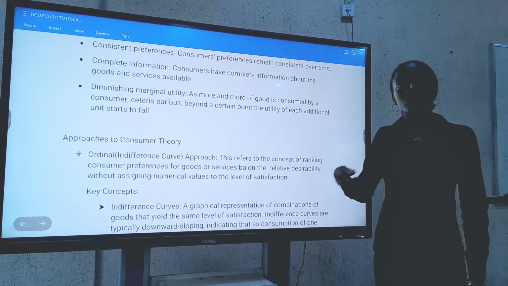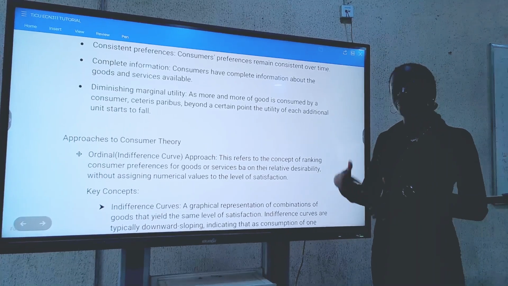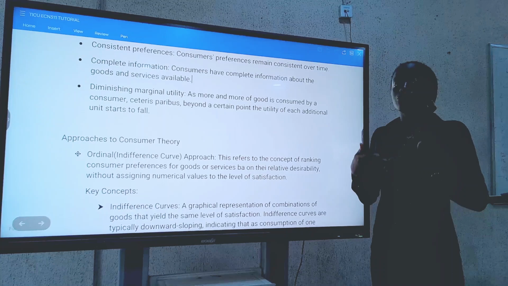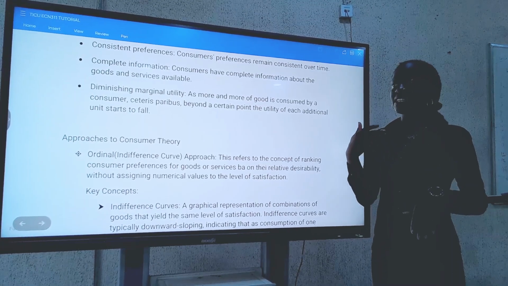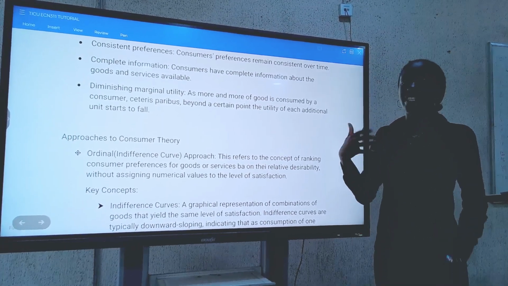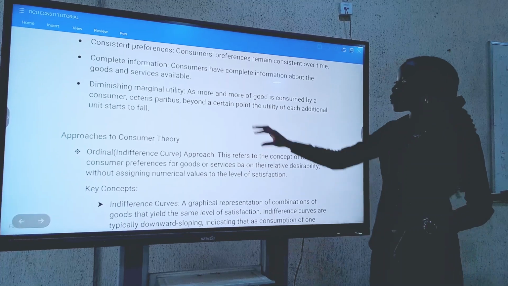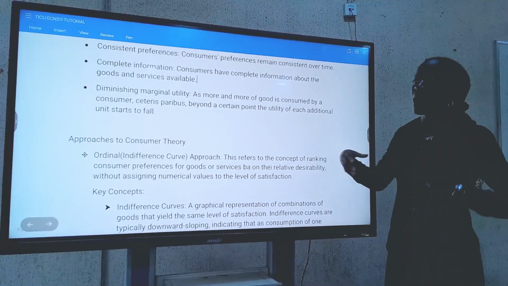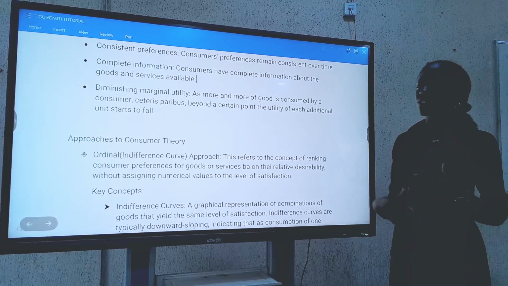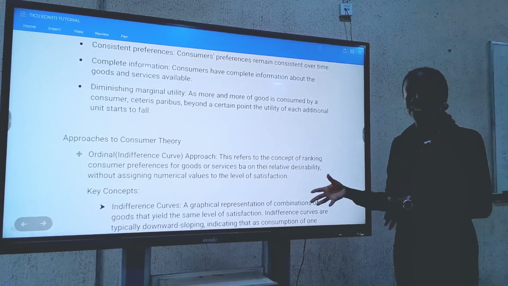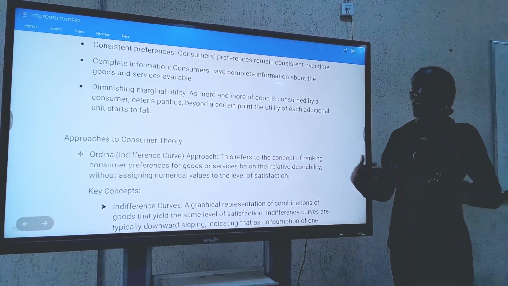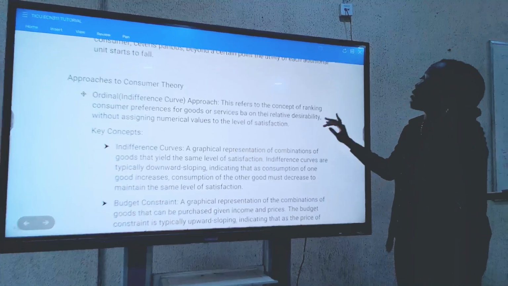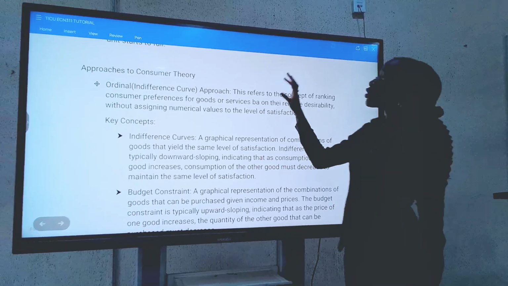But if I keep consuming to the extent that I consume 10 sachets of water, at a point I'll become too full, and then I'm not actually being satisfied by the water anymore. That's what diminishing marginal utility is talking about. So the satisfaction I get from taking another sachet of water will fall as I continue to consume more sachets of water.